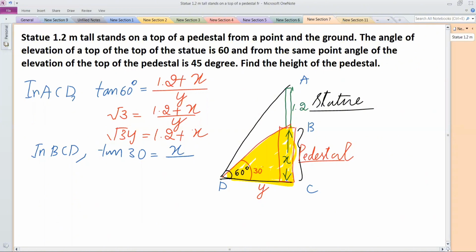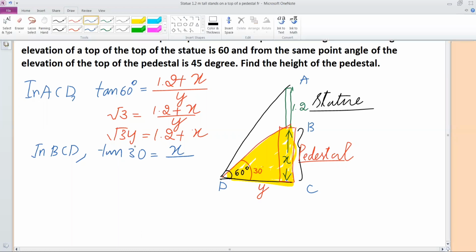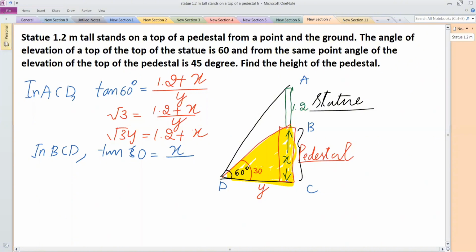Yes, again here a small error is there, guys. I think this angle will be 45 degree. You consider that as 45 degree.